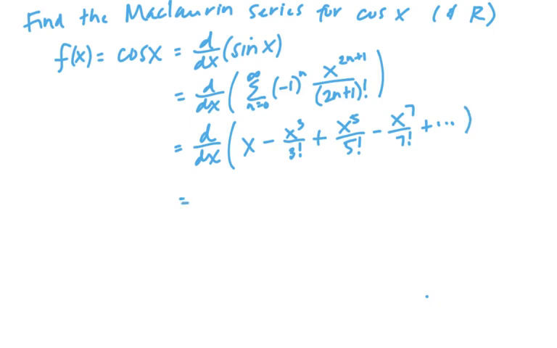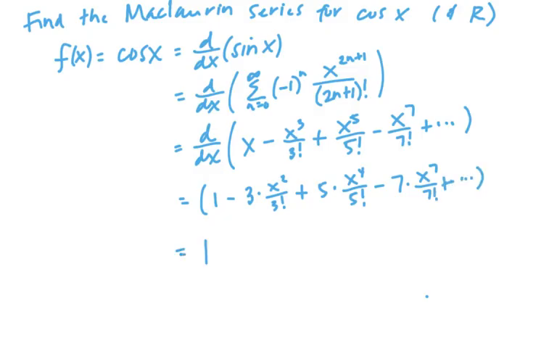So if we take the derivative of the first term, we get 1 minus, the derivative of this next term becomes 3 times x squared over 3 factorial, plus 5 times x to the fourth over 5 factorial, minus 7 times x to the 6th over 7 factorial, plus and so forth. Now, this 3 factorial down here means 3 times 2 times 1. So these cancel.